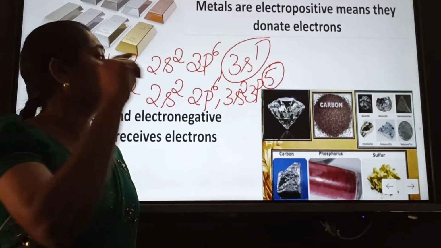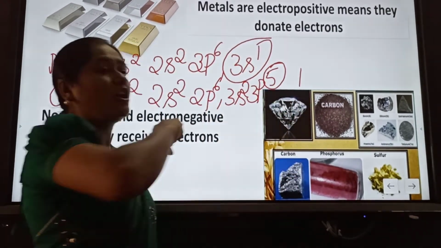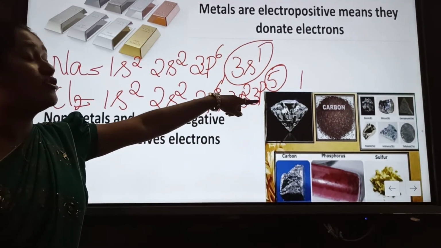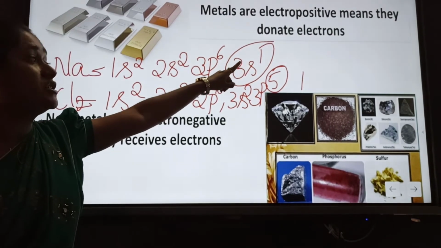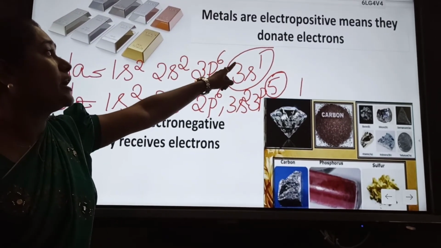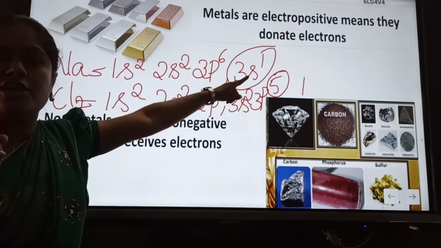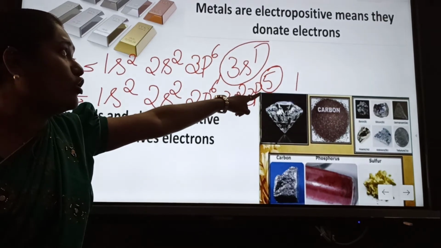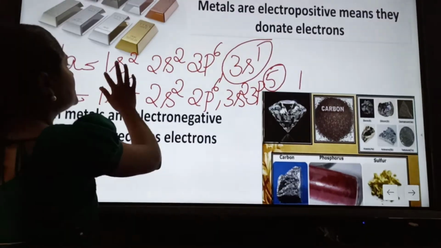To complete it, it also requires 1. So the 5 electrons of chlorine cannot be donated to sodium. Instead, since sodium has only 1 electron in its outermost shell, it can easily give that electron to chlorine and become stable.